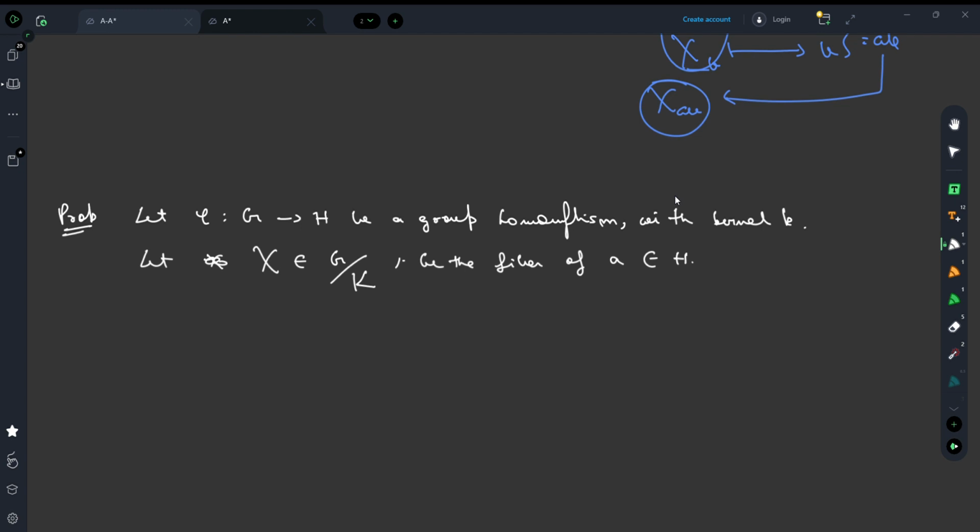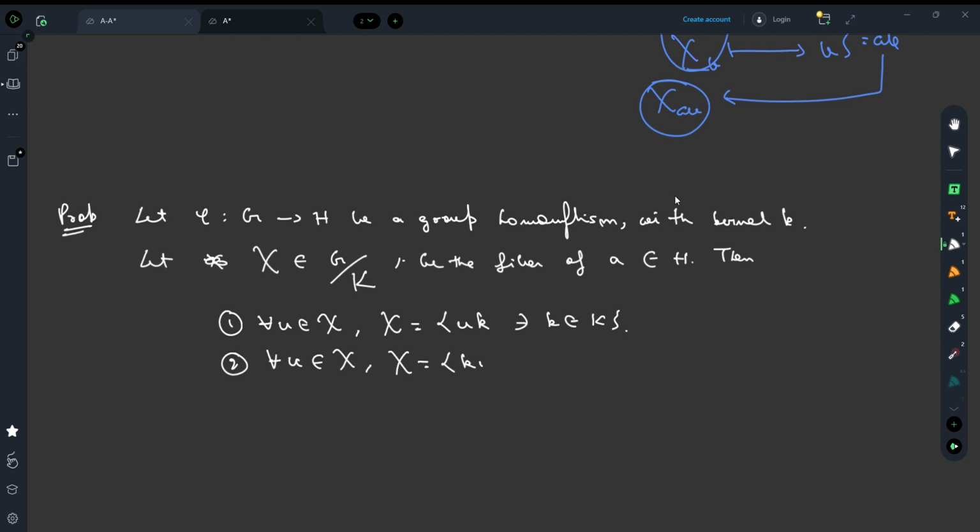Then we have the following observation. Number one, any element u you choose out of chi can be written as uk such that k is in the kernel. Similarly, for all elements u in chi, chi can also be expressed as the set ku such that k is in the kernel. Is it clear?